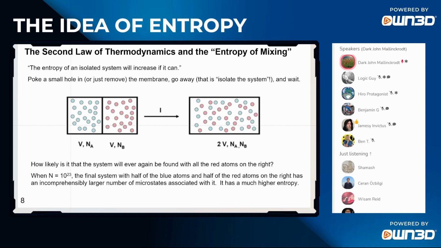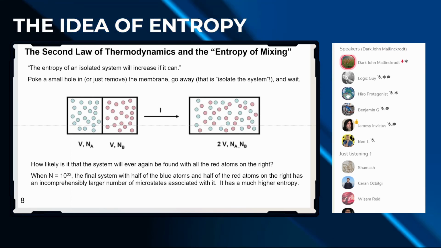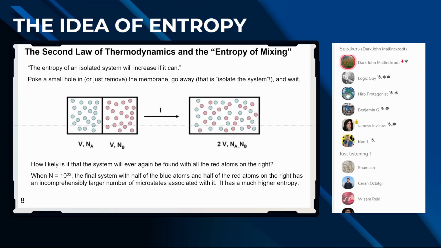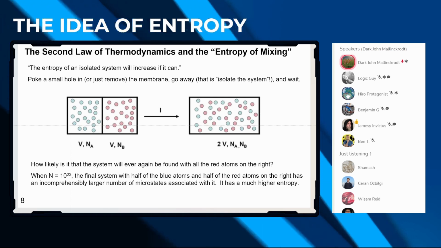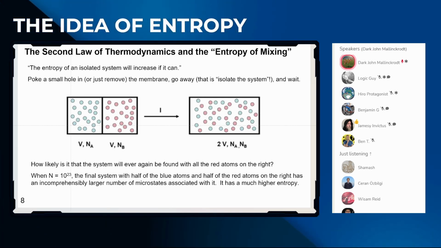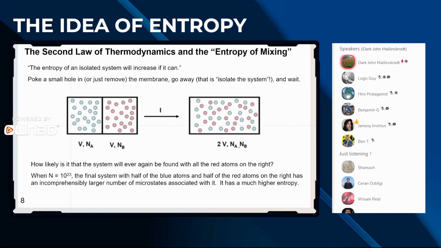So here's an example. I have two gases, a red gas and a blue gas, on sides of a box with a membrane separating the two of them. The red gas is different from the blue gas. I'll specify that: it's not just labeled differently, it is different.